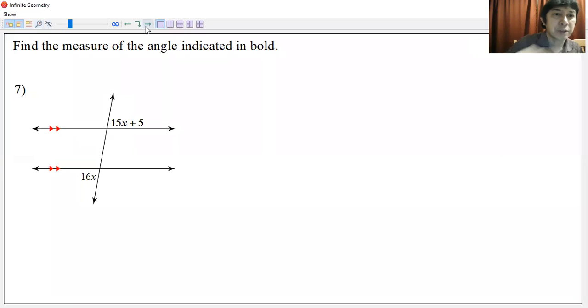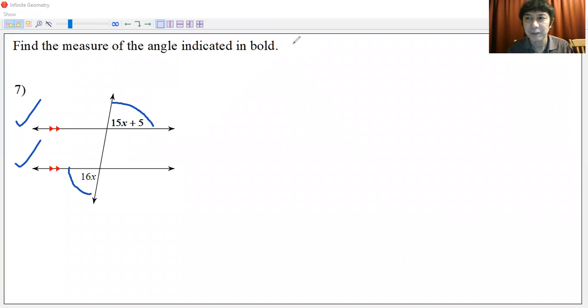Here is number 7. Watch the figure carefully. We have parallel lines, and then these are the angles. This is another type. The two angles are on opposite sides of the transversal, and they are both exterior.